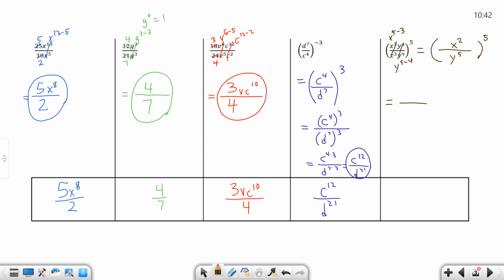So then same thing we did right here, right? We're going to take each one of these powers and raise it power to a power, which is going to end up being multiplying the powers. X squared to the 5th, right, and then y to the 5th to the 5th, which is x to the 2 times 5 over y to the 5 times 5.